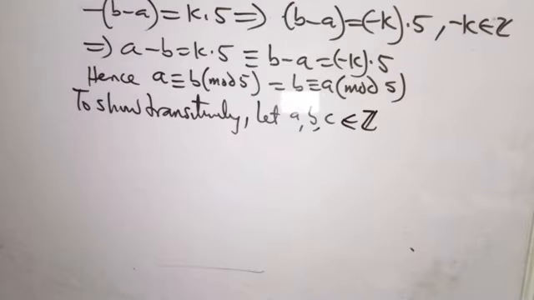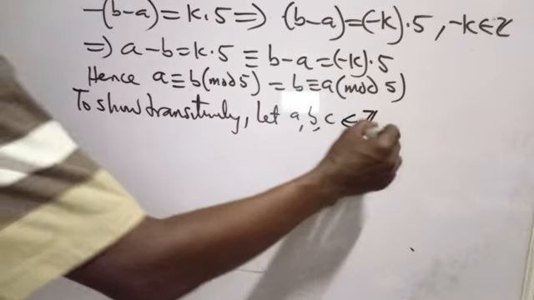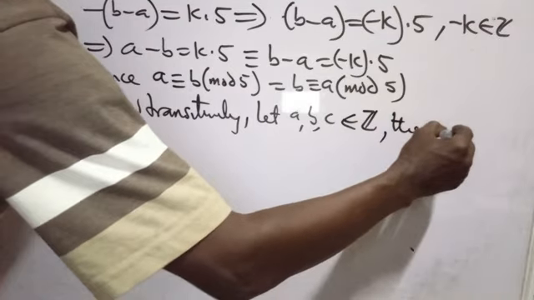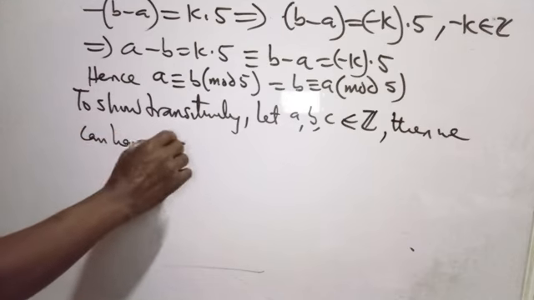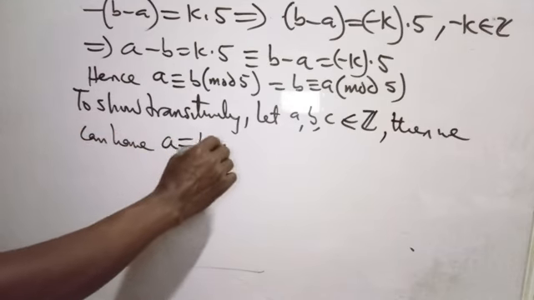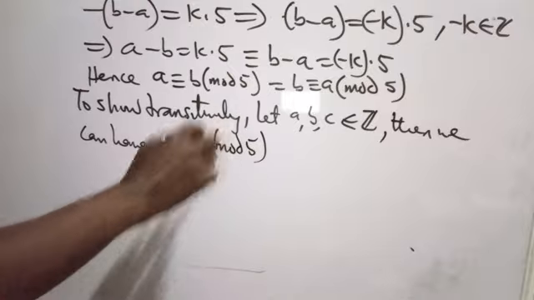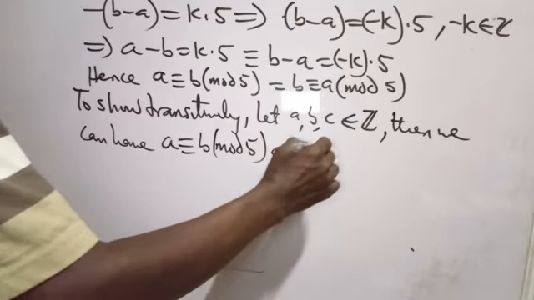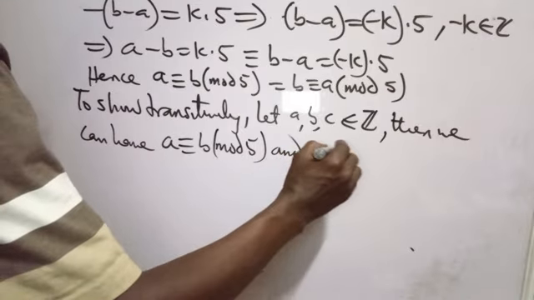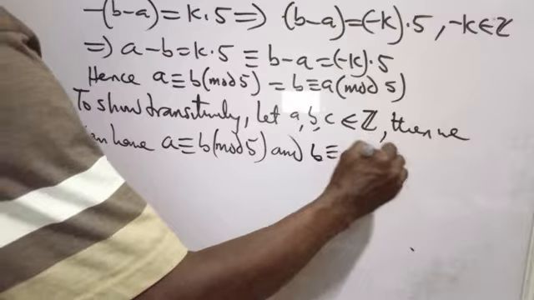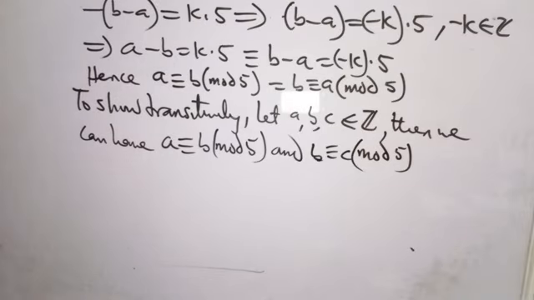So that means we can have a ≡ b (mod 5), and b ≡ c (mod 5). Let's go there.